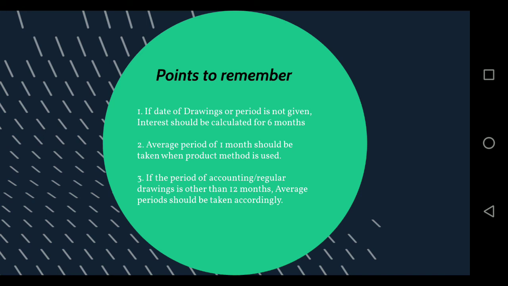So this 6 is basically half of 12 months. Next is average period of 1 month should be taken when product method is used, that we have already discussed. Third is if the period of accounting year or your regular drawings is other than 12 months, then the average period should be taken accordingly and we have to calculate interest accordingly.